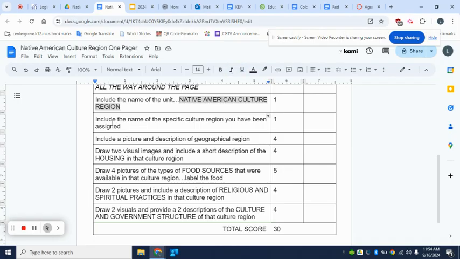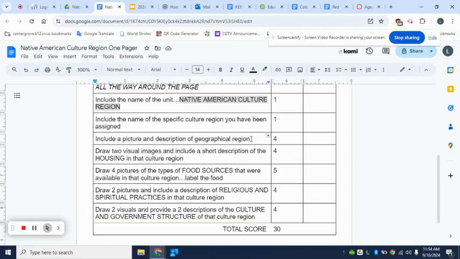The next thing that you need to do is then include the name of your specific culture region that you have chosen. Okay, so you either chose the Eastern Woodlands, the Plains, the Pacific Northwest, or the Desert Southwest. You would want to include that specific culture region, and that would give you 1 point.